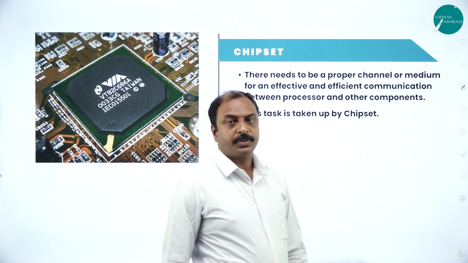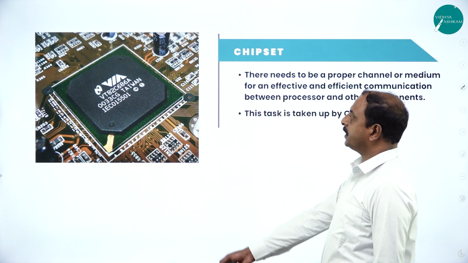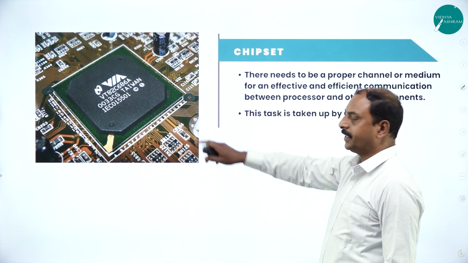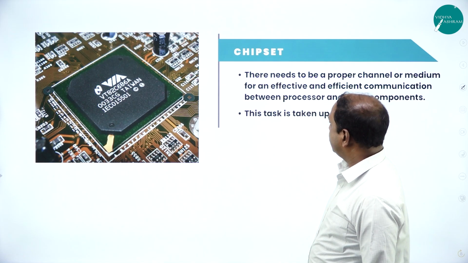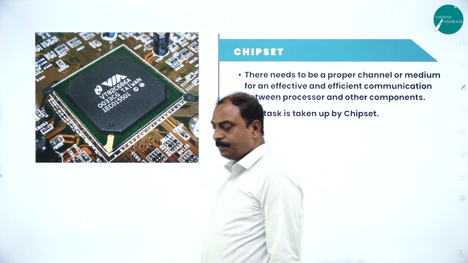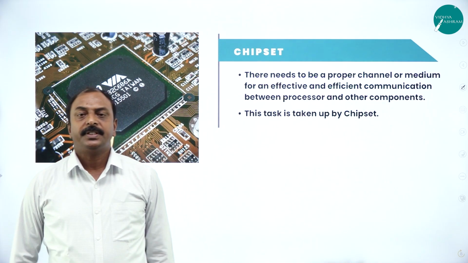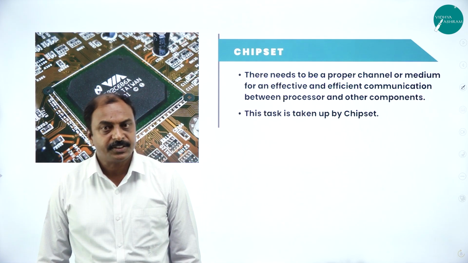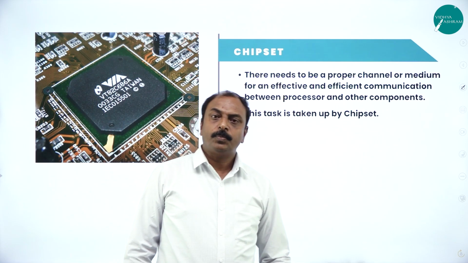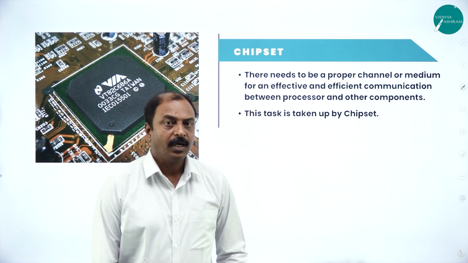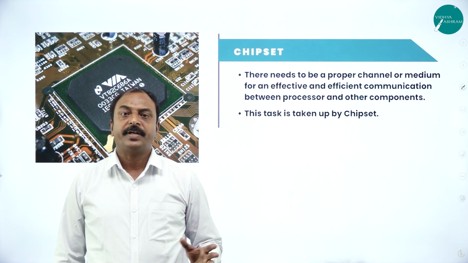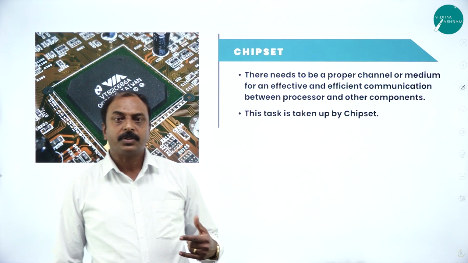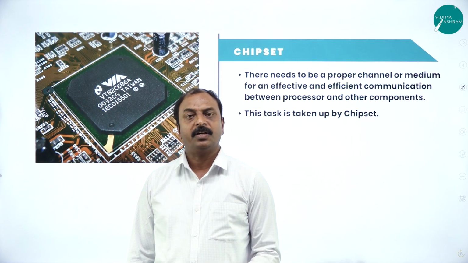Now let us look into another component, that is the chipset. See, this is one of the chips, one of the integrated circuits, that is IC, and here the chipset, as I told you, is a combination of 2 or 3 chips, or integrated circuits, to support the microprocessor, or to communicate with different parts on the motherboard or different hardware devices.